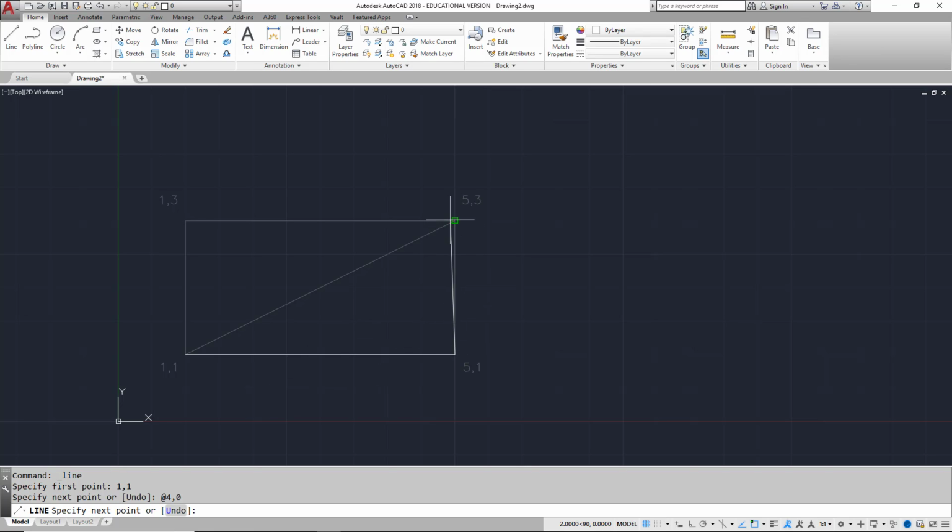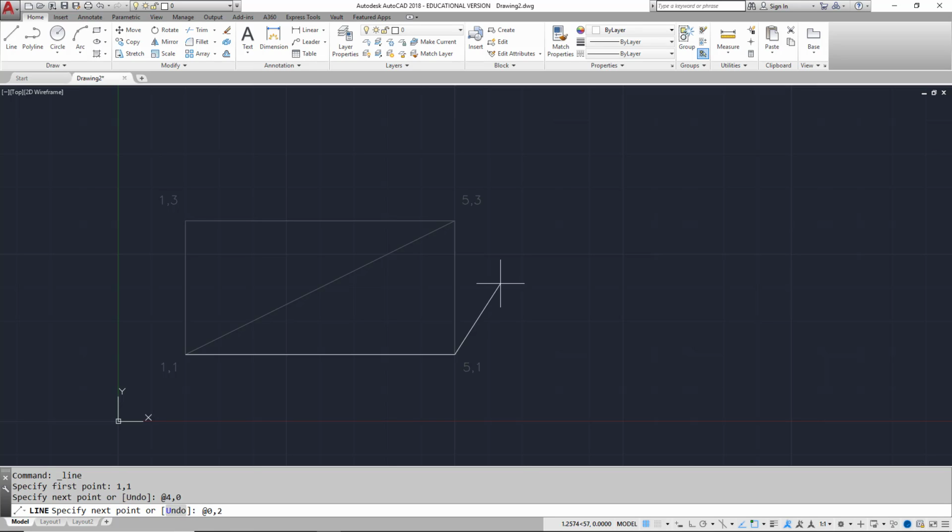To go to this second point up here, I would do the same thing. I would say @ which now moves the origin to that previous point that I selected. Tell it the change in x, which in this case is 0, followed by the change in y, which is 2.